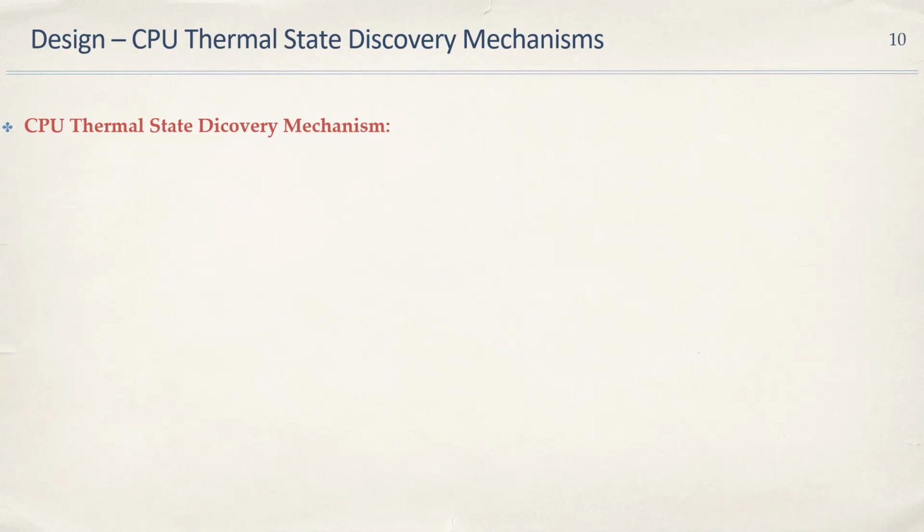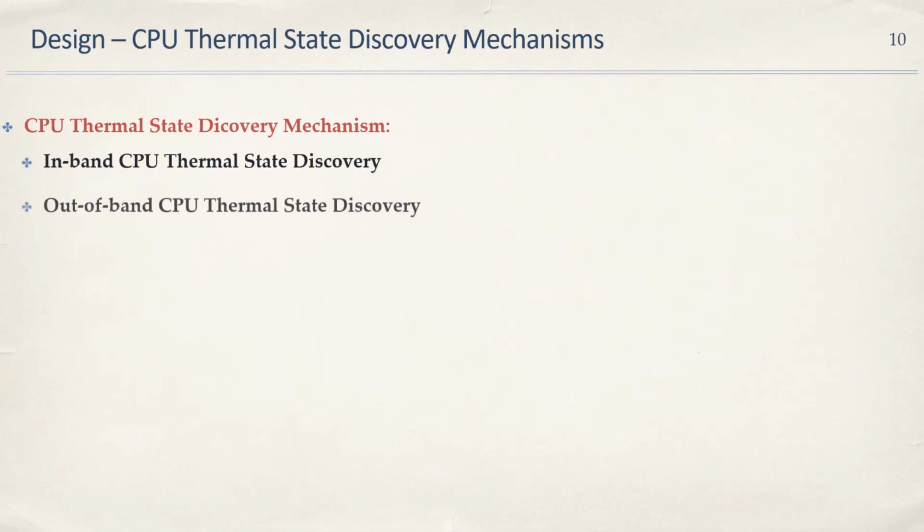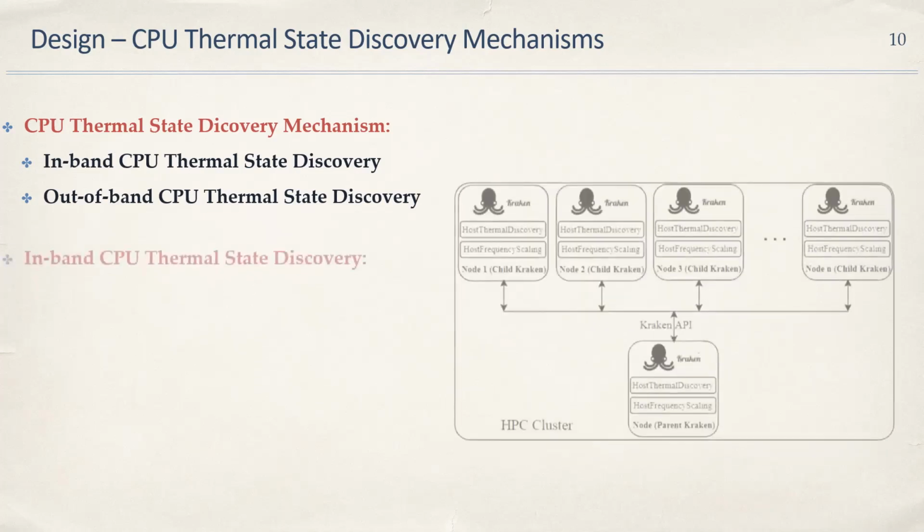In this slide, we will talk about the CPU thermal state discovery mechanism. We have two mechanisms to perform CPU thermal state discovery: one is in-band and the other is out-of-band, which we will study here.